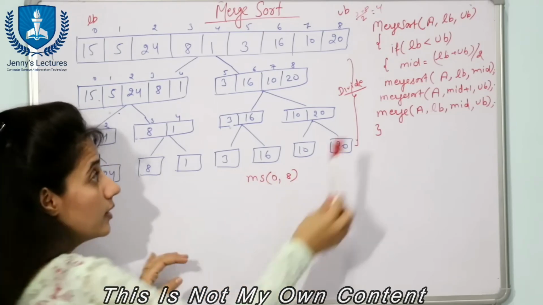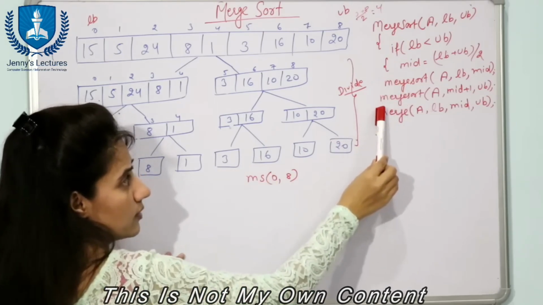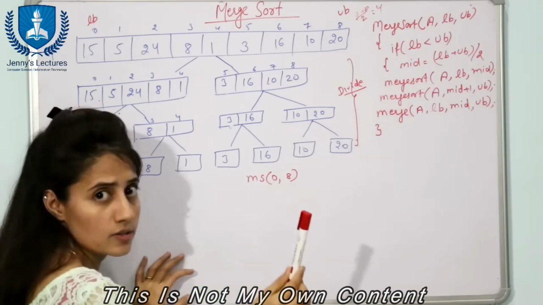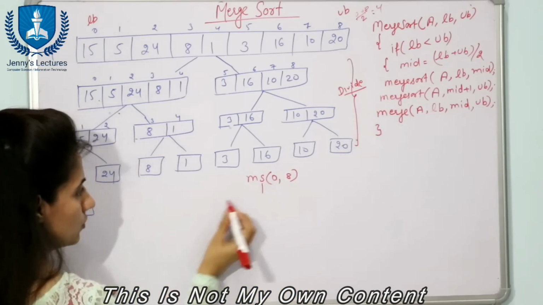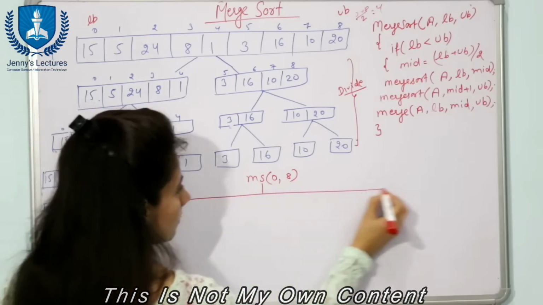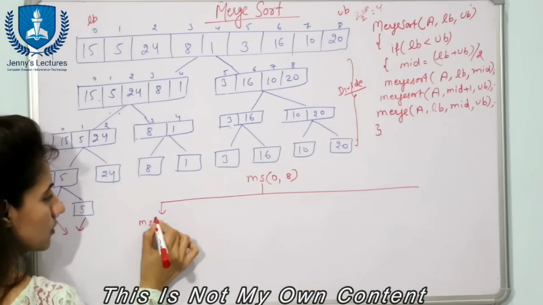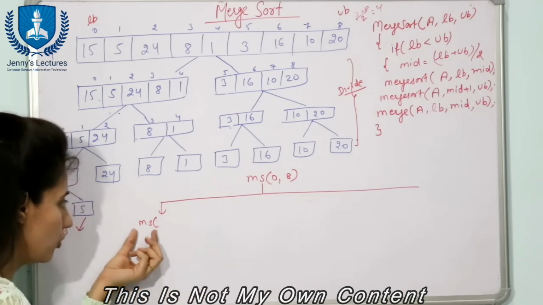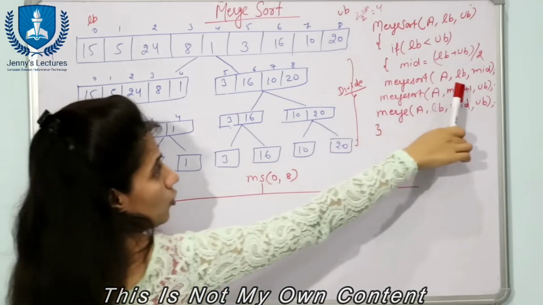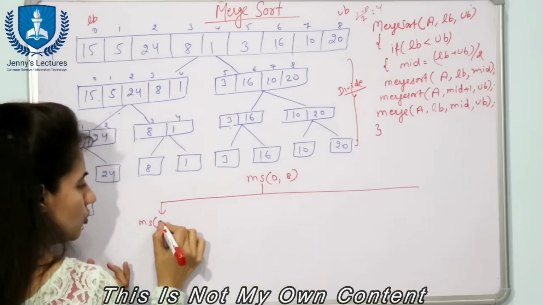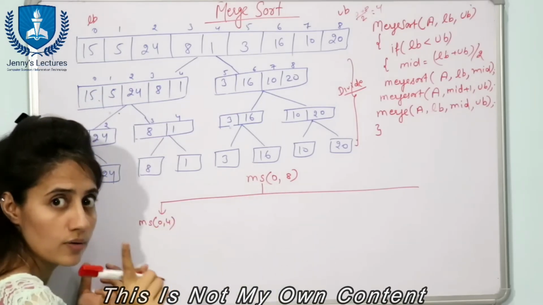Fine. Again, 3 statements are there, this and this. So I am going to divide this into 3 parts. So here we have again merge sort. I'm going to write ms for merge sort. Lower bound to mid. Lower bound is 0, mid is 4. Fine.